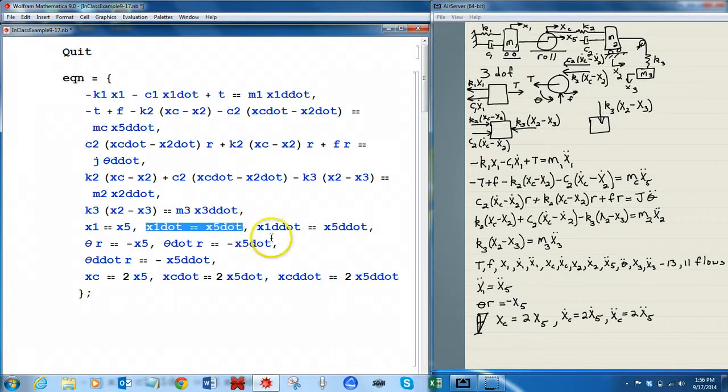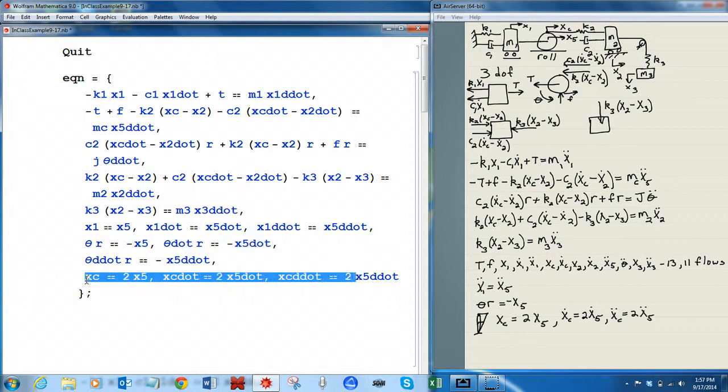I just take the 2 derivatives of all of those variables. It doesn't hurt if you have an extra one, you'll see shortly. So I establish the constraint and then just take the 2 derivatives. Here's the other constraint that we talked about, and then of course the 2 derivatives, and then xc is 2x5 and the 2 derivatives as well.